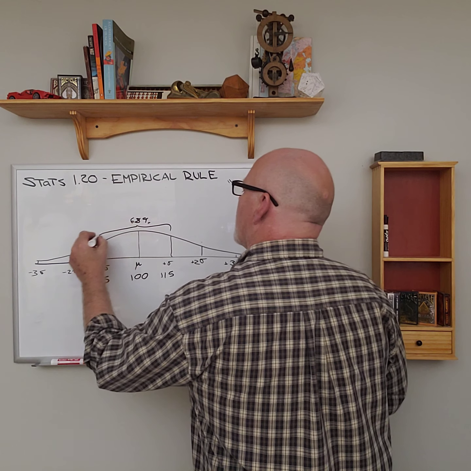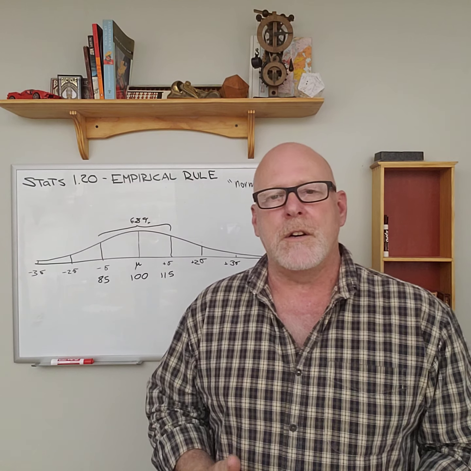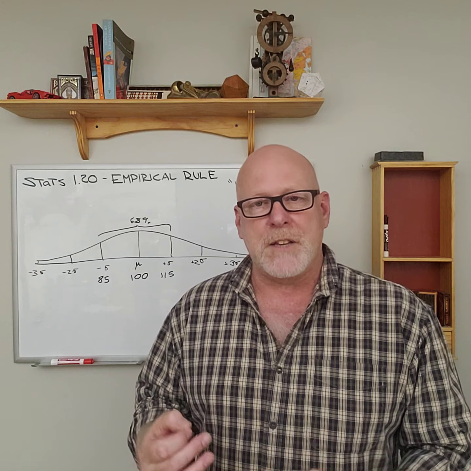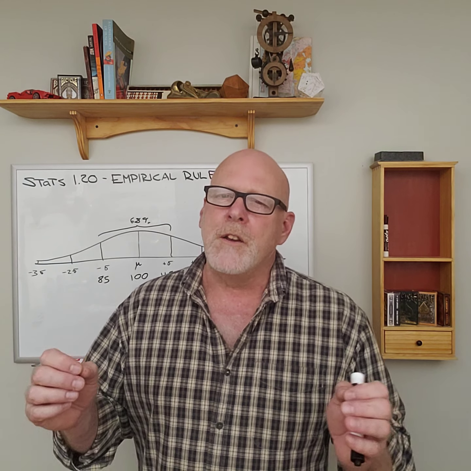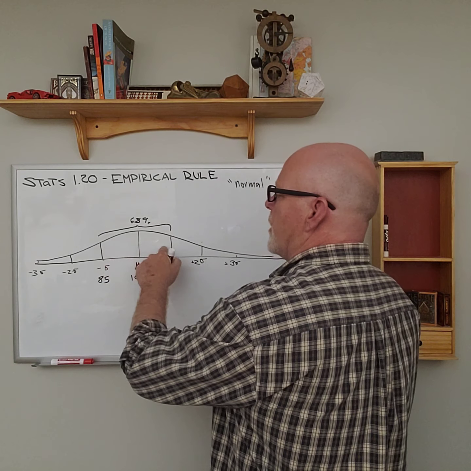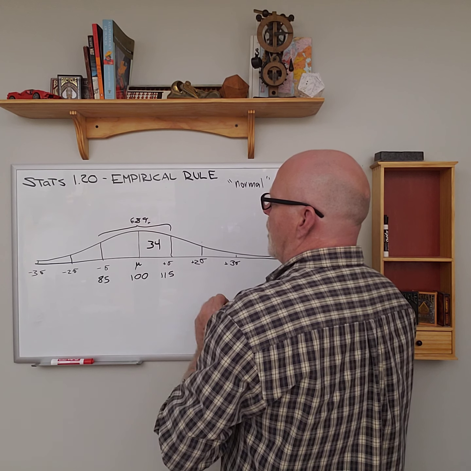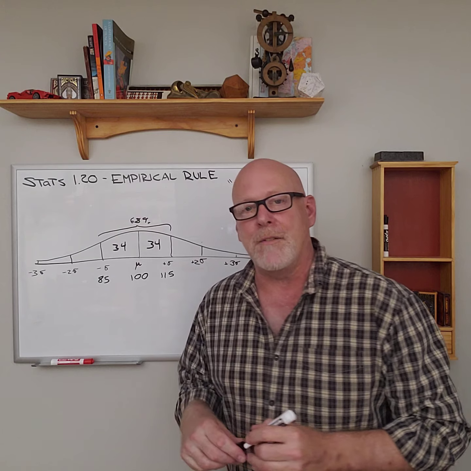Or, another way of saying it is 68% of the population falls within 1 standard deviation of the mean. So 68% of people have IQ scores between 85 and 115. Another way to think of that is that since there's symmetry here, 34% are between 100 and 115, and 34% are between 85 and 100.